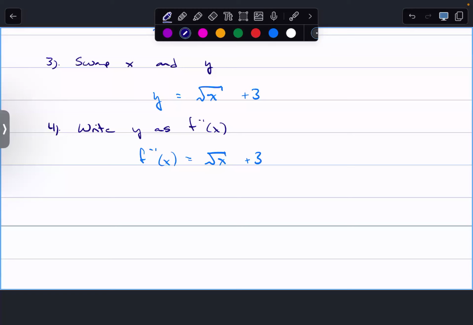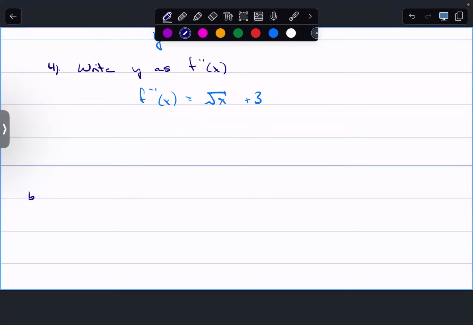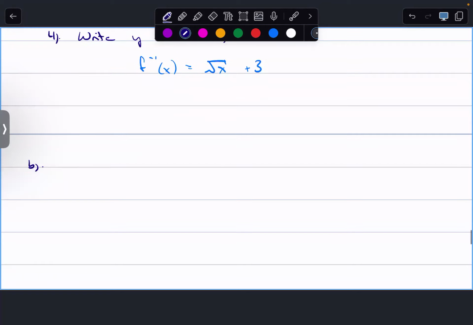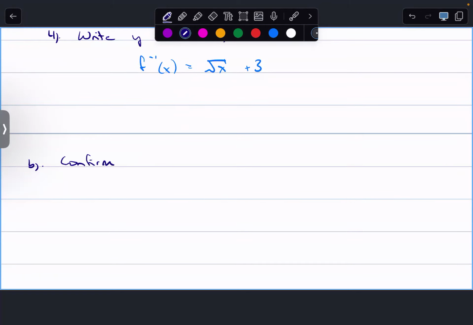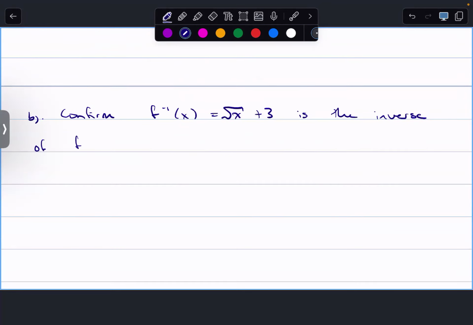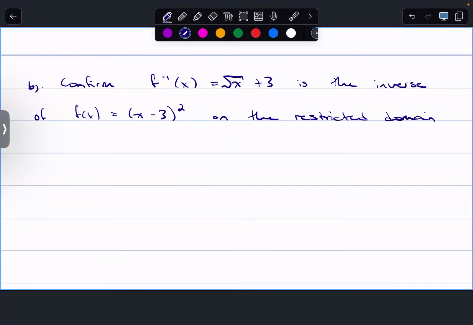So now, confirm, I'll call it part B. There was no part A, I guess, but confirm f inverse of x, the root of x plus 3, is the inverse of f of x equal to x minus 3 squared on the restricted domain, using function compositions.